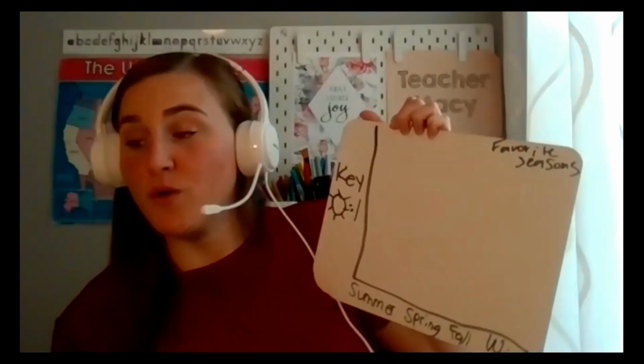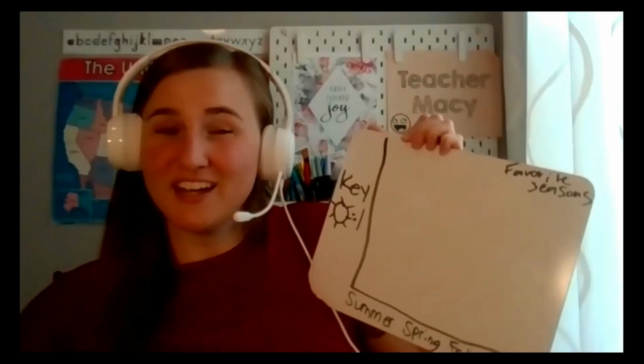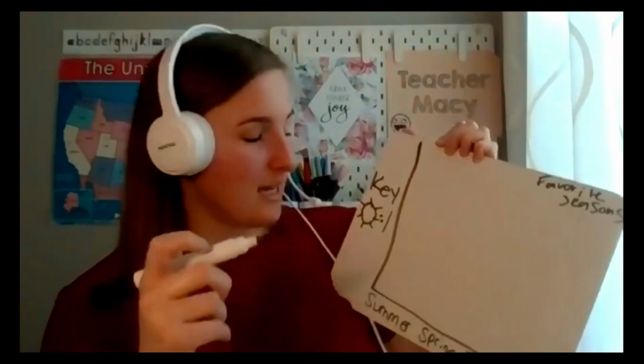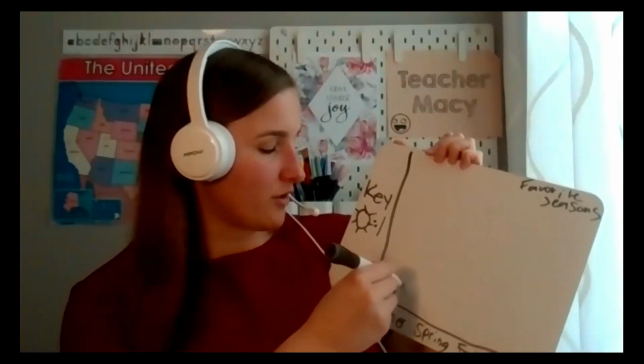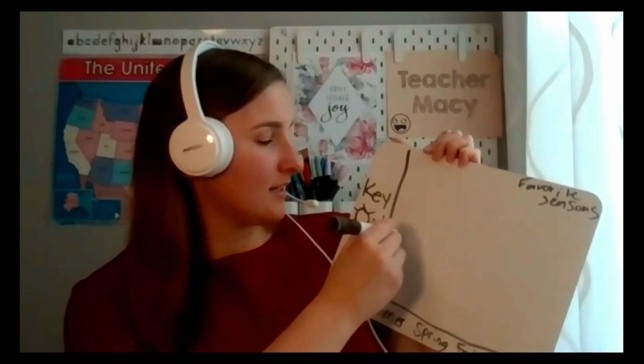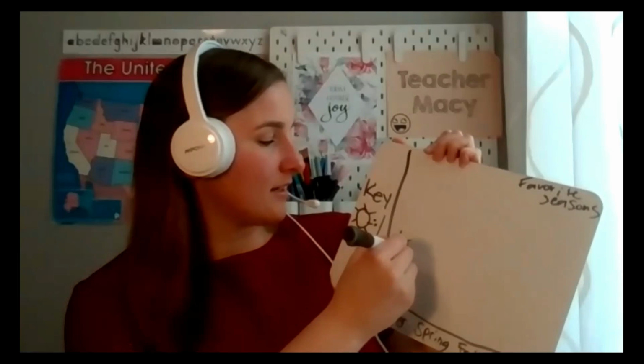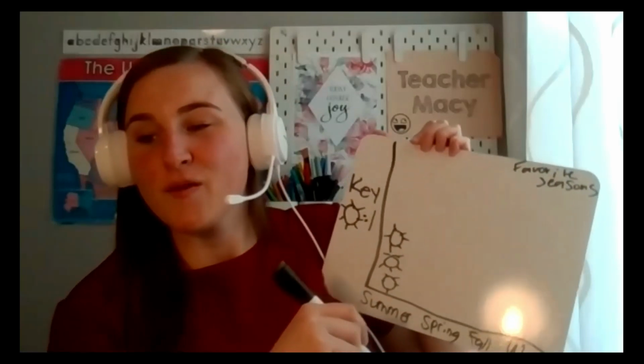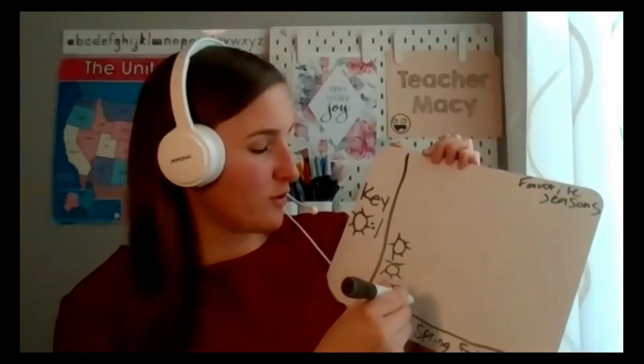Okay, so we said that 3 people voted for summer. So I'm going to draw 3 suns. And 7 people voted for spring.